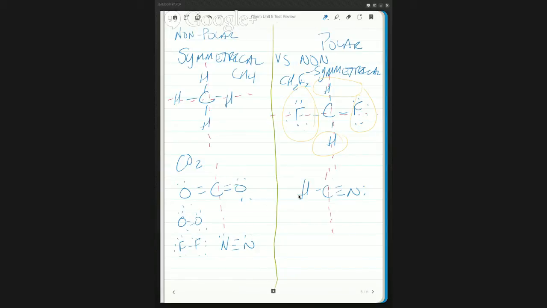Okay. Other non-symmetrical, anything that's bent, all bent molecules are polar. All trigonal pyramidal. I'll draw some examples of that. My favorite two I'll draw in a second. Okay. All of those are polar.